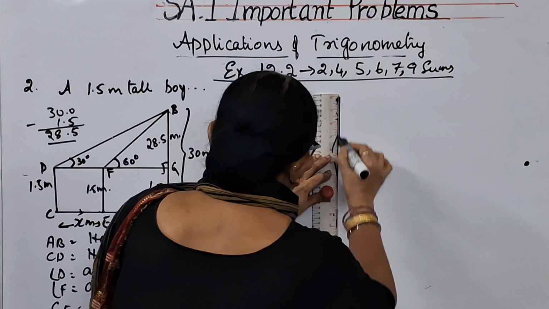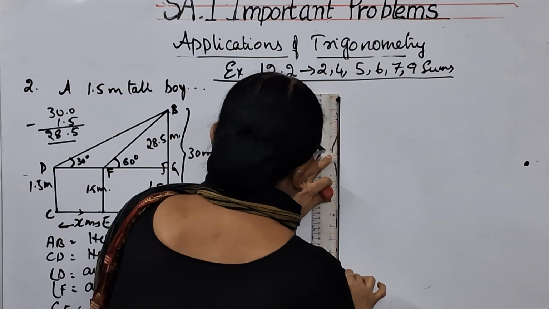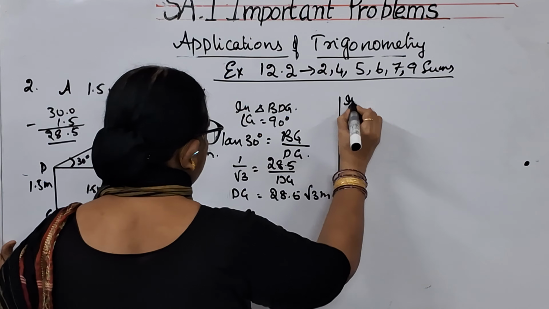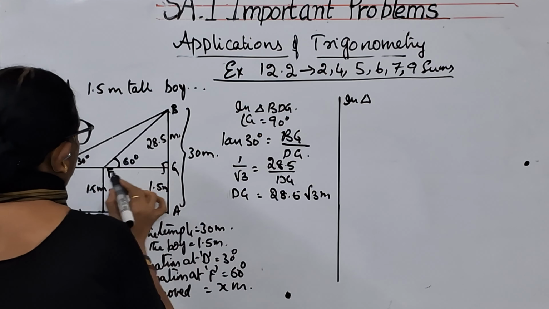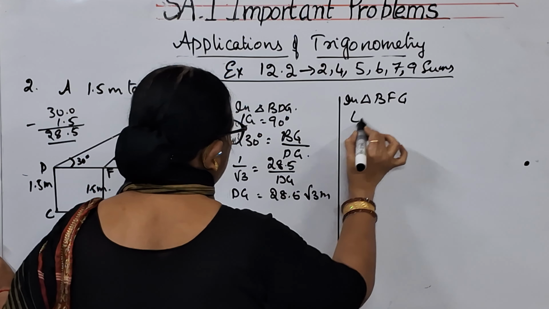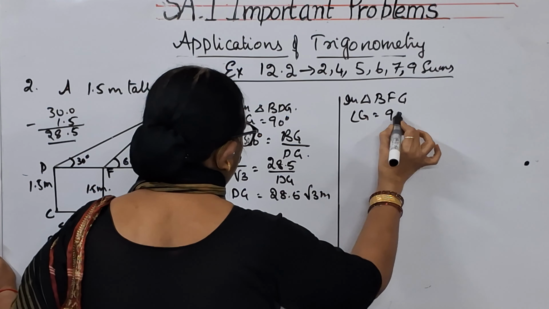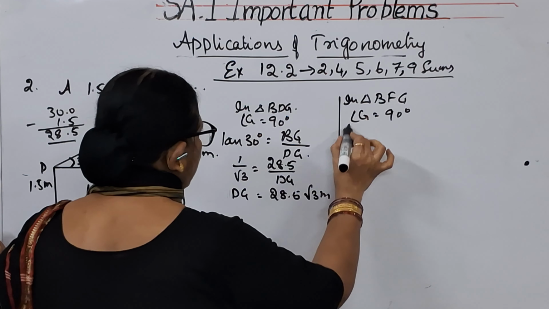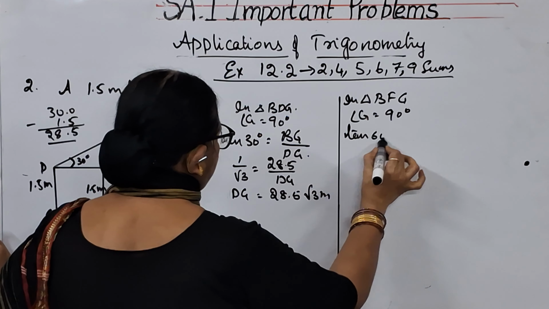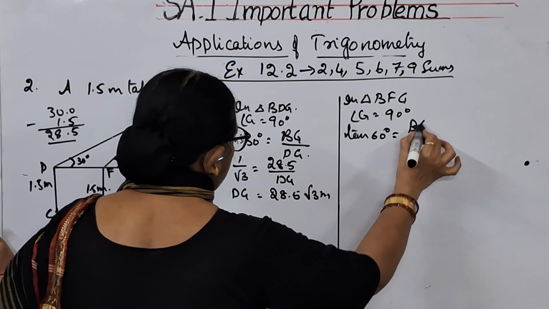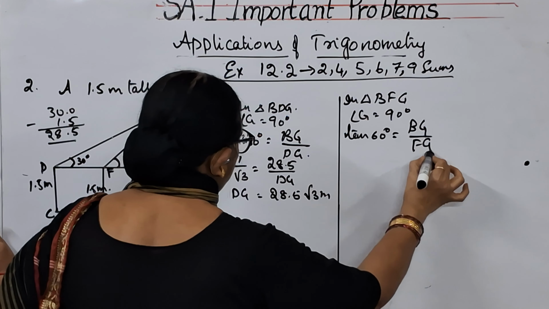Now in triangle BFG, angle G is 90 degrees. So here tan 60 degrees is equal to BG by FG.